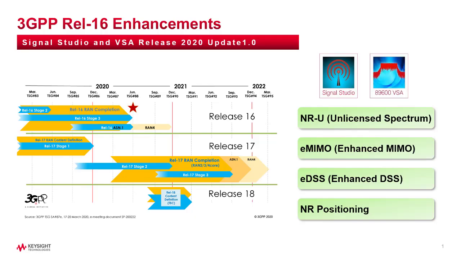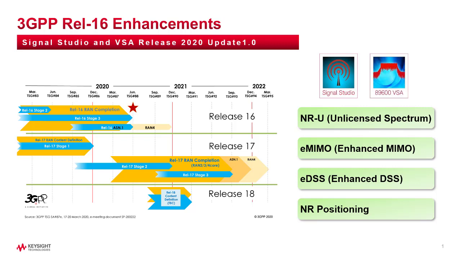As you know, 3GPP Release 16 standard was completed in June 2020 with its Stage 3 freeze. The key enhancements in Release 16 include NR-U for NR operation in unlicensed spectrum, enhanced MIMO, enhanced dynamic spectrum sharing, and NR positioning.